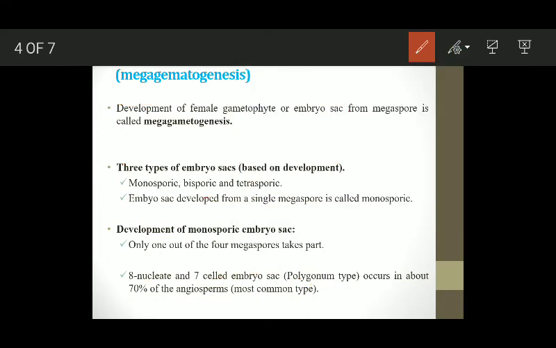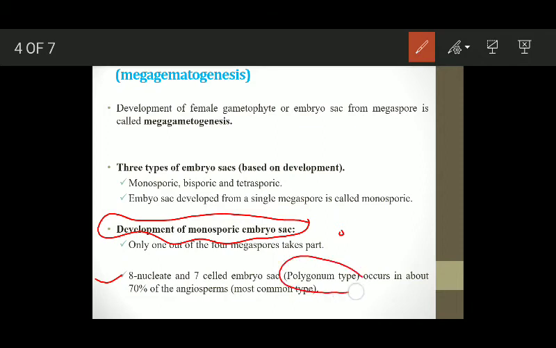Monosporic embryo sacs result from divisions in a single megaspore. That is, only one megaspore is involved in the formation of the embryo sac. The final organization of the monosporic embryo sac is such that it contains 8 nuclei and 7 cells, or you can say it is an 8-nucleate 7-celled structure.